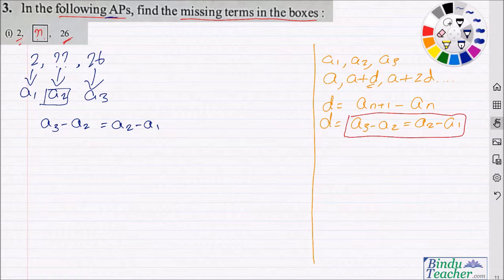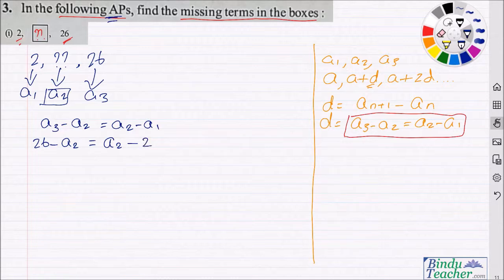Correct? Because they already said this is an arithmetic progression. So here the value of A3 is 26 minus the value of A2 is unknown, so we will write it as this, equals, again the value of A2 is unknown, I will write it as this, minus the value of A1 is 2.